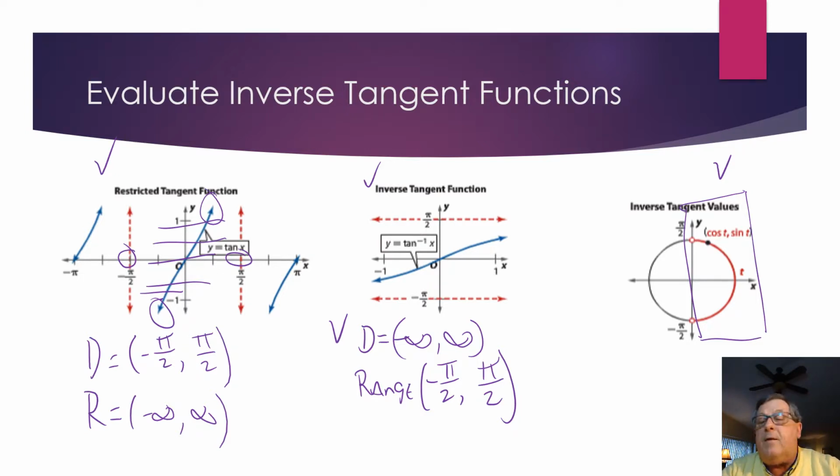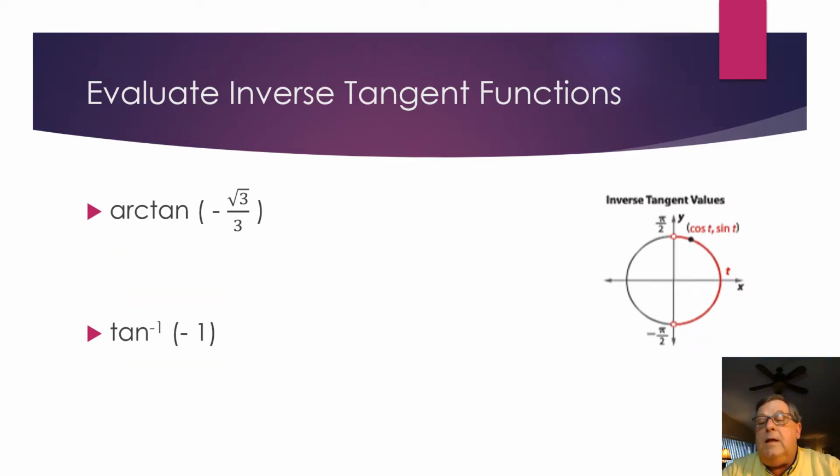Let's evaluate a couple. I did the unit circle, but just the right half of it for reference. And first we're asked to find the arctangent of negative square root of 3 over 3. All right, when I see that, first I've got a negative here.